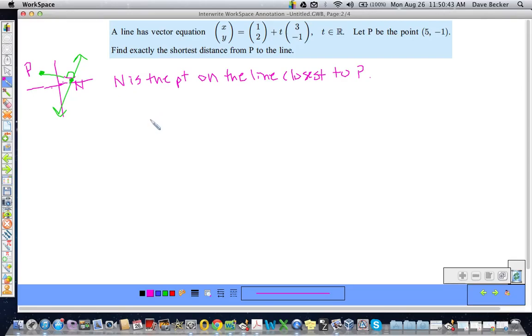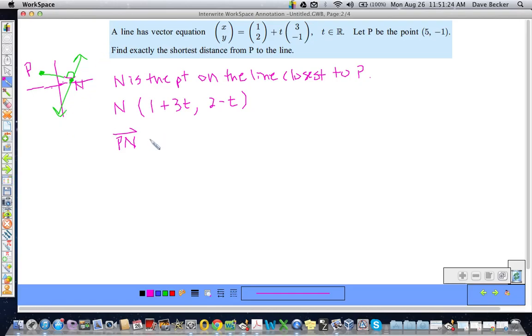So what are the coordinates of N? Well, N is on this line. The x coordinate is going to be 1 plus t times 3, or 1 plus 3t. Similarly, the y coordinate is going to be 2 minus t. And P is at (5, -1). So we need the vector PN, because we need it to be perpendicular to this line.